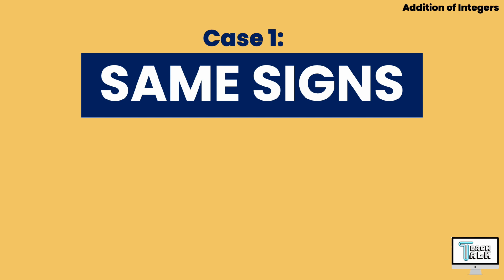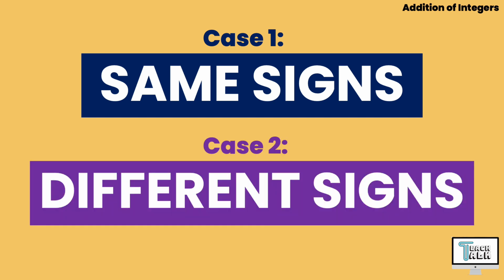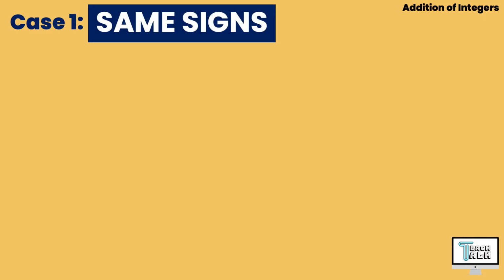So yung case 1 natin, magkapareho sila ng signs. Ang second case naman natin or case 2, magkaiba sila ng sign or different signs.